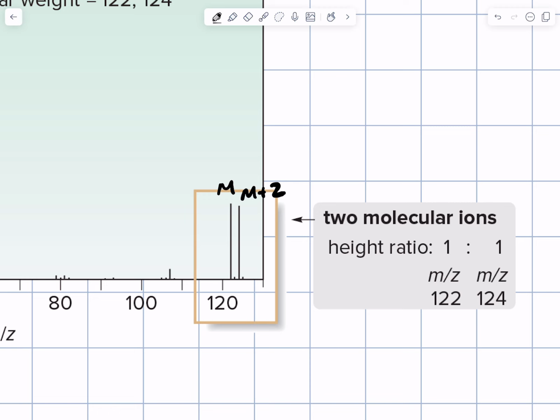Again, that is a dead giveaway for a bromine. Even if I didn't know there was a bromine in this molecule, if I saw that pattern, an M and an M+2 peak 1 to 1, that means there's a bromine there. It could get more complicated if there's more than one bromine. People have worked all of that out. Your text doesn't have you analyze that, and neither will I.